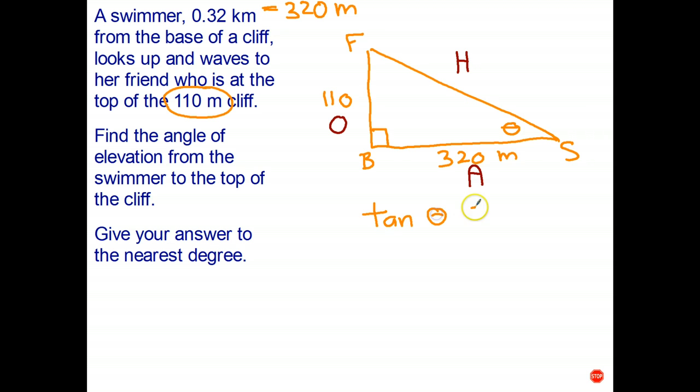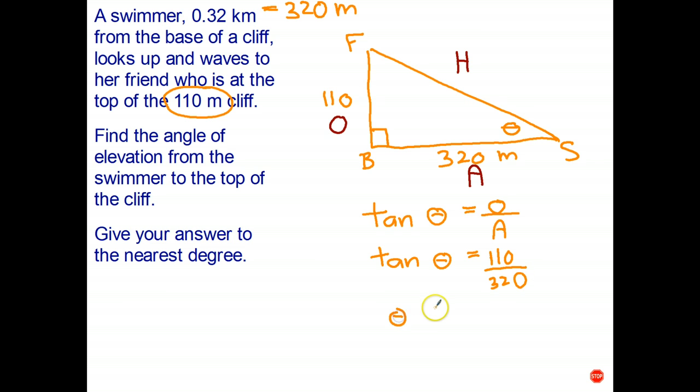So we write down the formula for tangent is opposite over adjacent. Okay, let's write in everything that we know. Well, the angle is what we're trying to find, so that stays as theta. And opposite's 110, adjacent is 320.